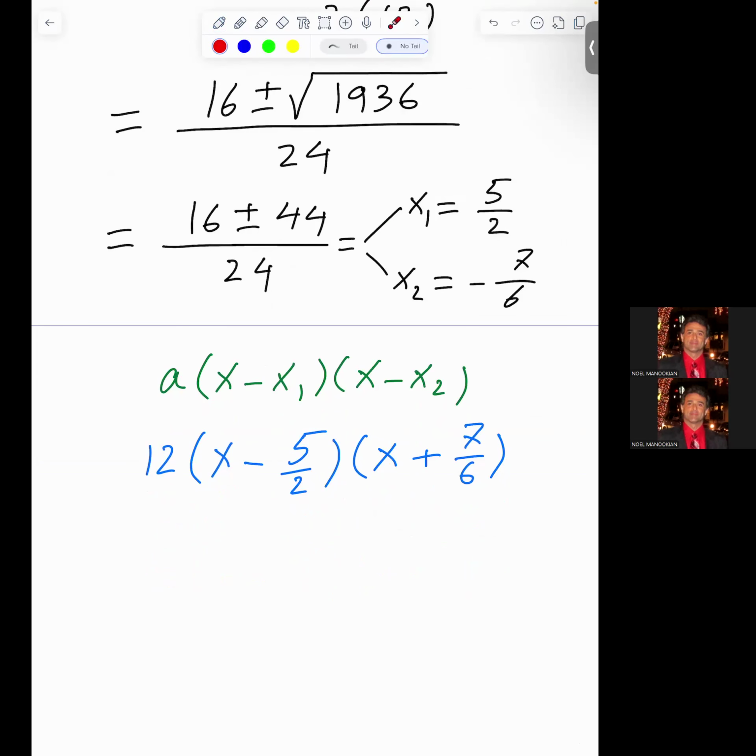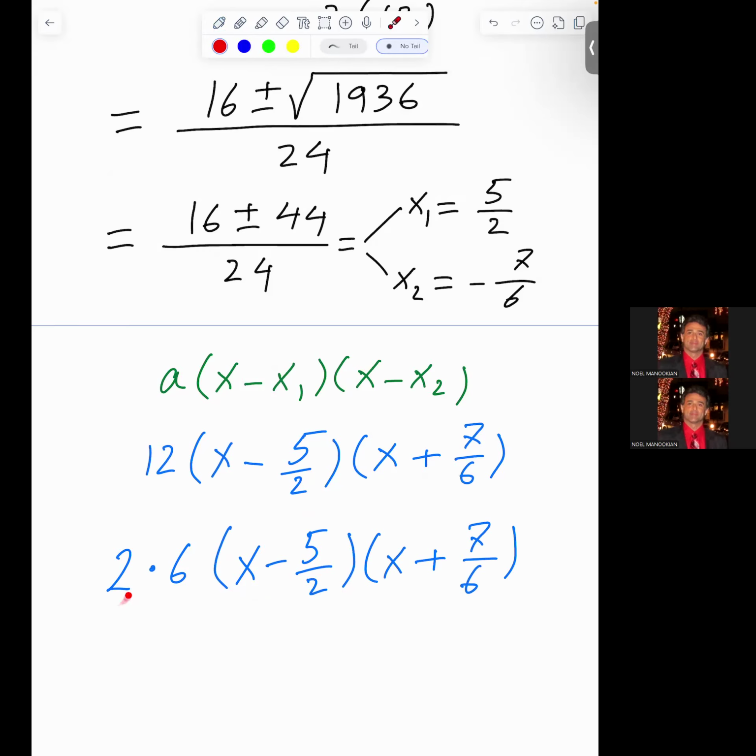To get rid of these 2 and 6 in the denominators, I can rewrite 12 as the product of 2 and 6. So instead of 12, you have 2 times 6, x minus 5 halves, x plus 7 over 6. Be careful, you have the product of the expressions.